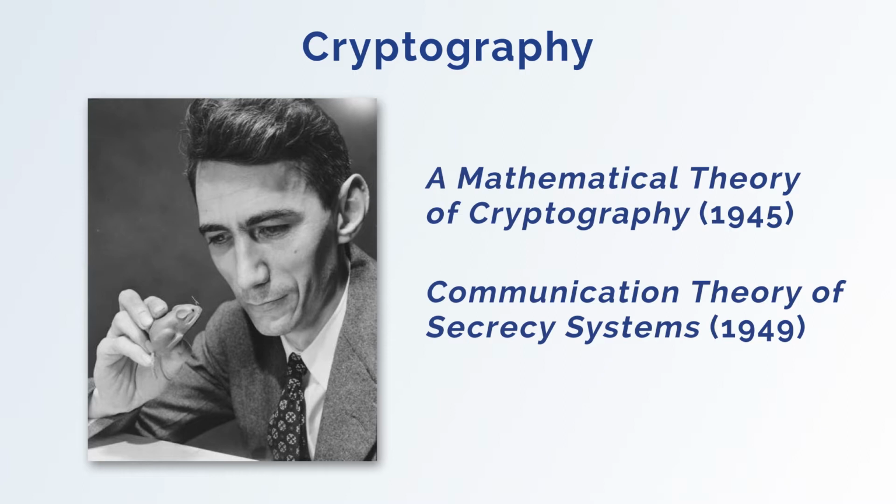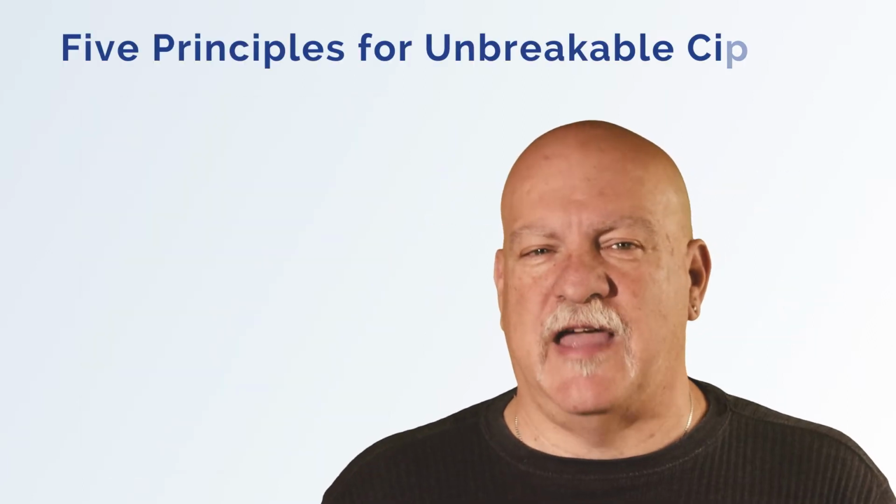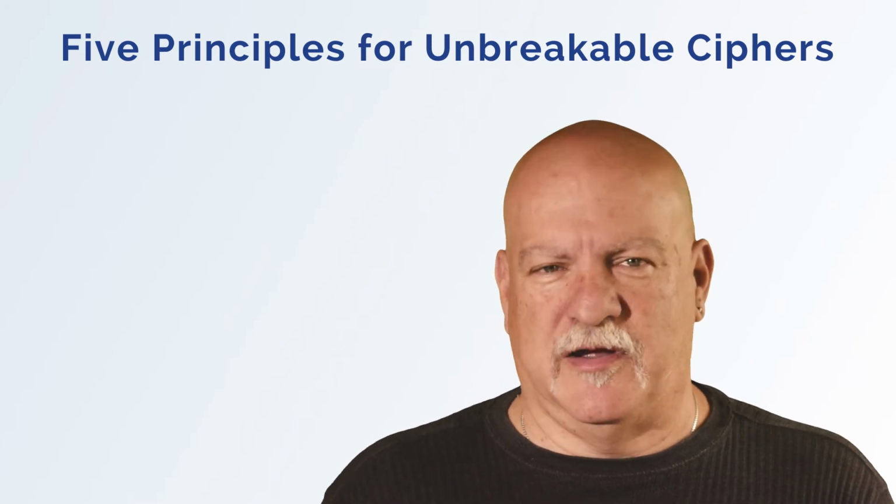In these papers, Shannon discussed the predictability of the current, at the time, ciphers, and espoused a new approach to creating ciphers in the future. He presented a framework of 5 principles that would make ciphers unbreakable.